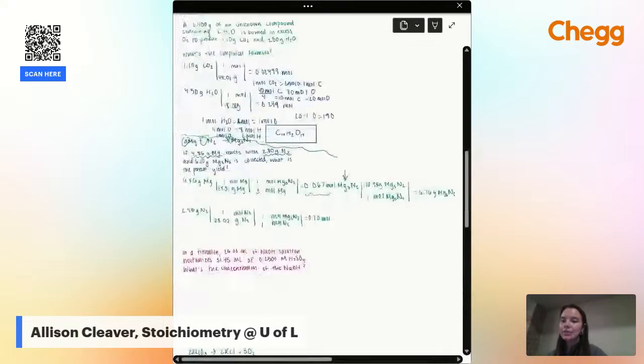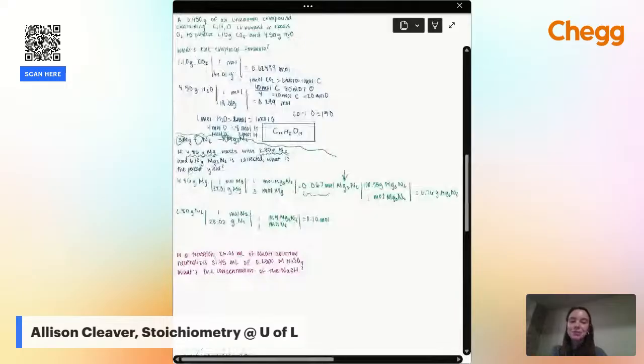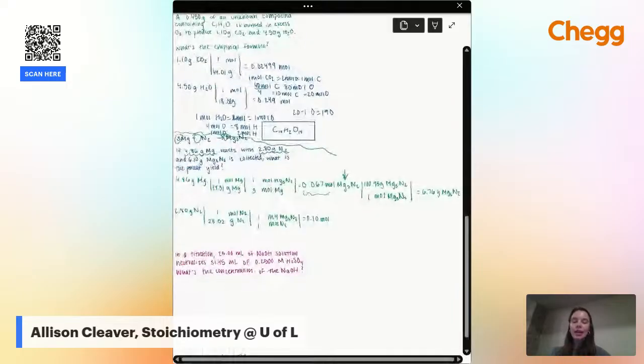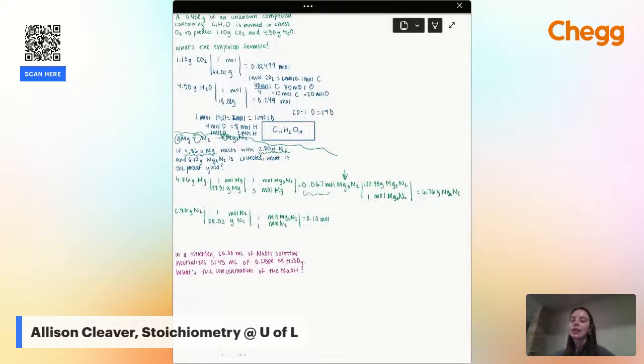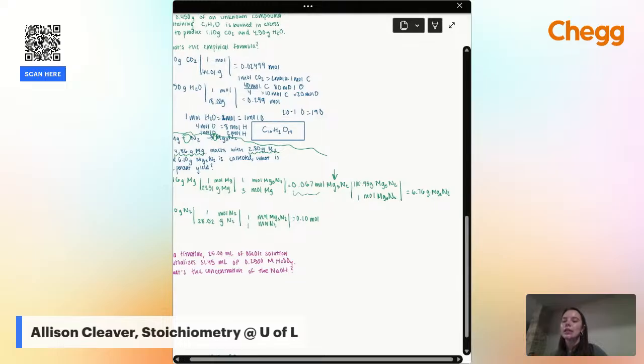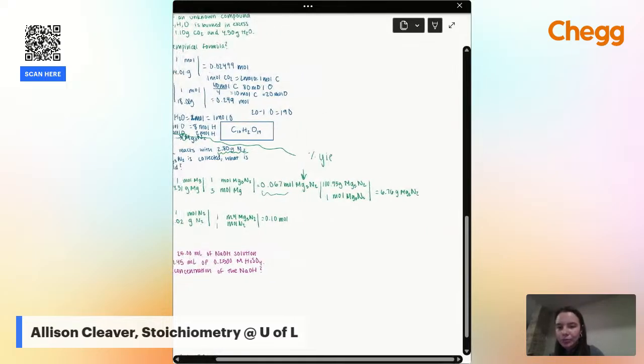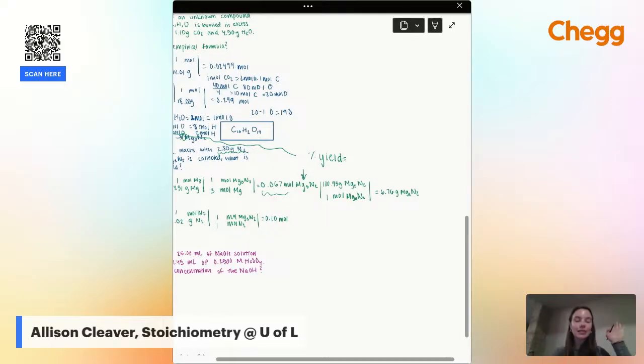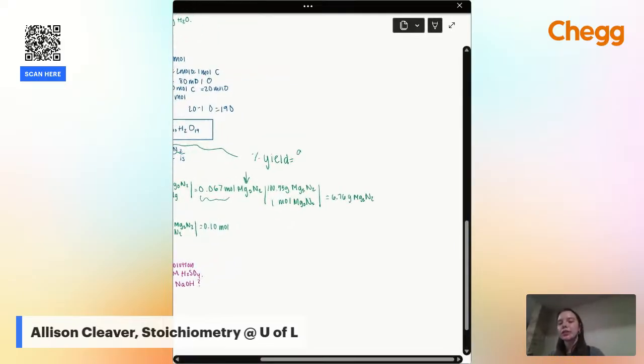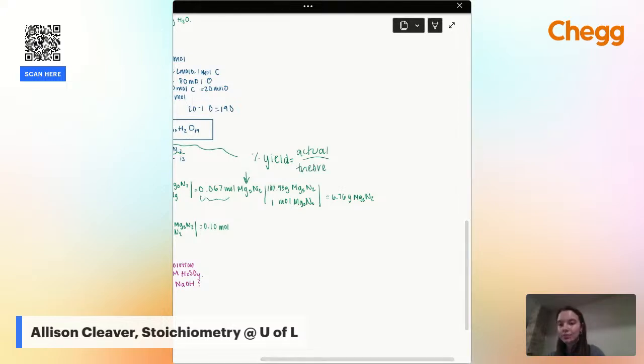And now we want to find our percent yield. What we just calculated was our theoretical yield. Theoretical because we use the limiting reactant, which is like the best case scenario, if all the limiting reactant forms product. And the actual yield is 6.10 grams. So percent yield, just for a little math lesson, is actual over theoretical times 100%.